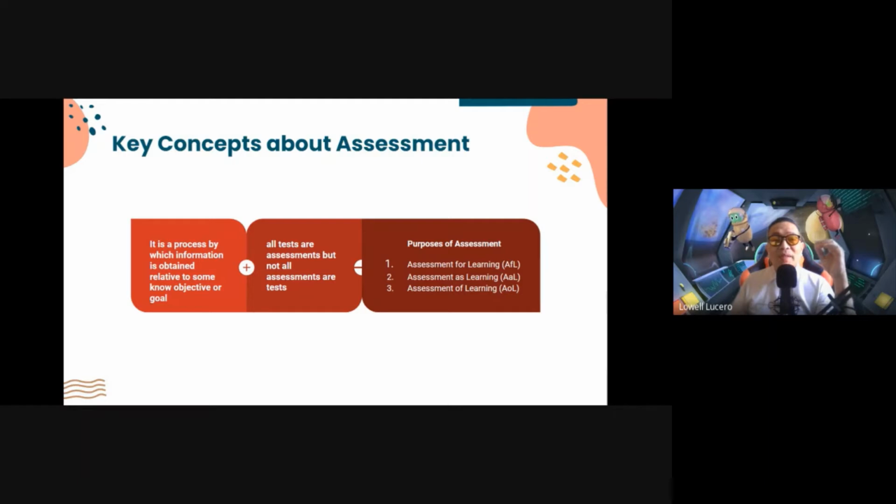While the assessment as learning employs tasks that provide students with opportunity to monitor their own learning. This is what we call metacognition, thinking about learning, learning about learning, di ba? So this entails now reflection. That's why meron kayong mga reflection, di ba?